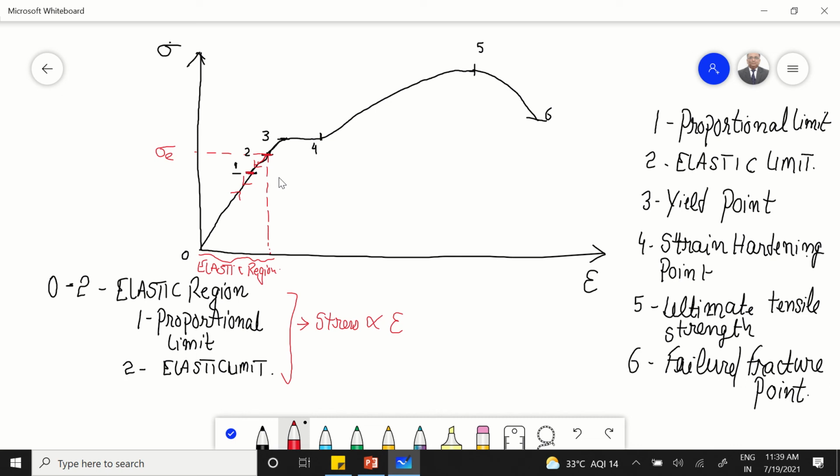So the region up to where the body regains its original position upon removal of forces, we call the elastic limit. Now please remember that for steel materials, points 1 and 2 are actually identical.